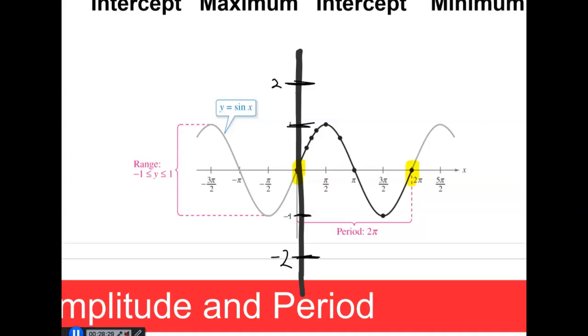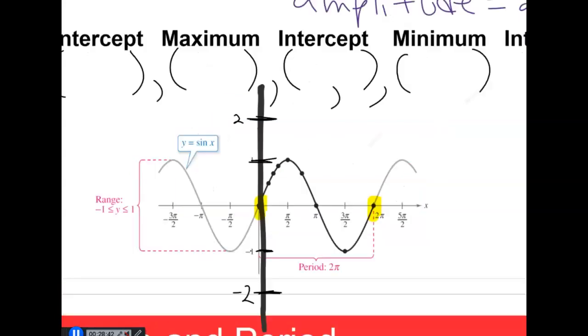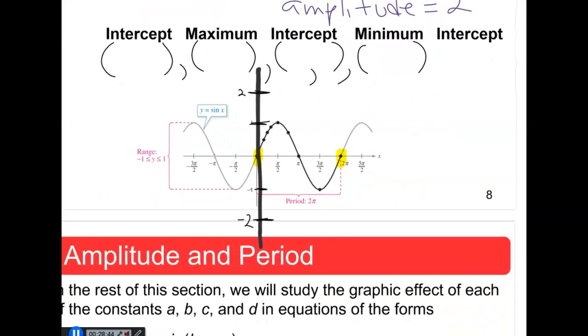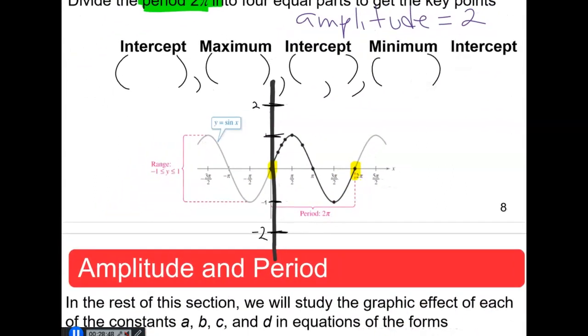So if we know that they are x-intercepts, to be more exact, for every single x-intercept, the y coordinate is going to be 0.